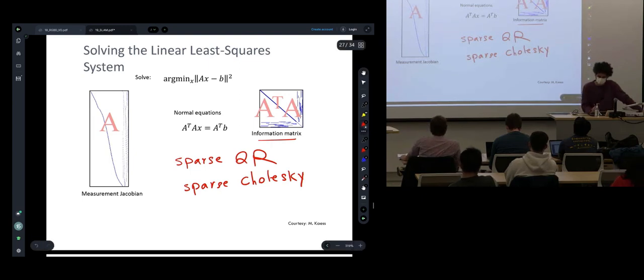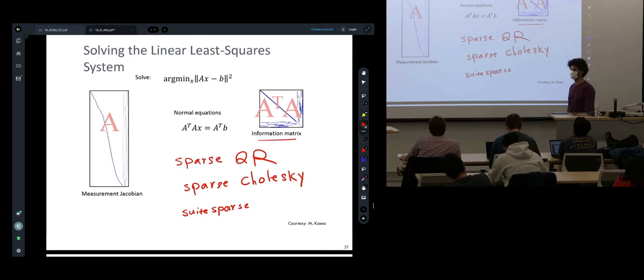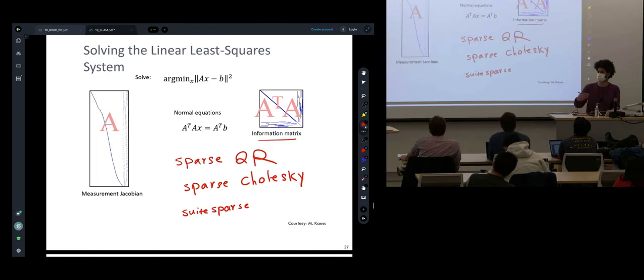And this is supported in many languages, but one particular library that handles this is SuiteSparse. SuiteSparse provides a range of sparse linear algebra methods for larger scale problems, including sparse Cholesky and rank 1 update for your factorization.